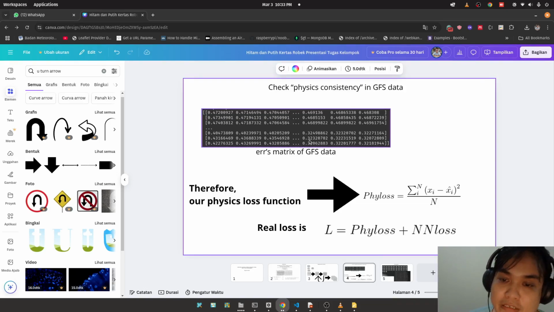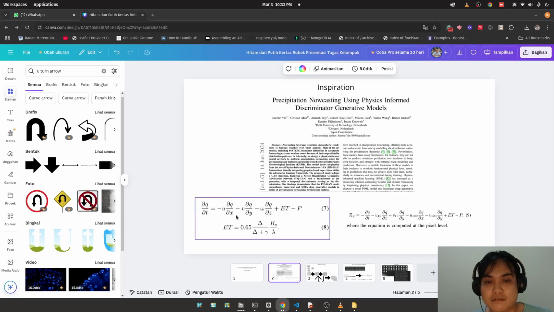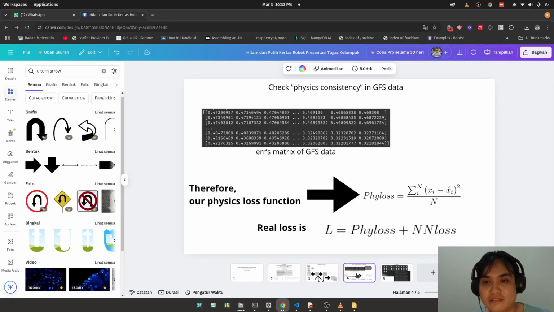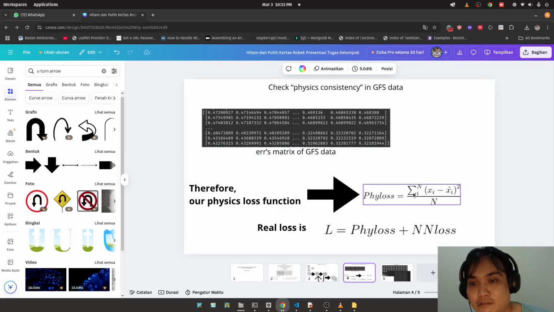So that's why, instead of assuming that the result of our FNO will absolutely comply with the physics equation, I'll try to fit the level of consistency with the real ground truth data.